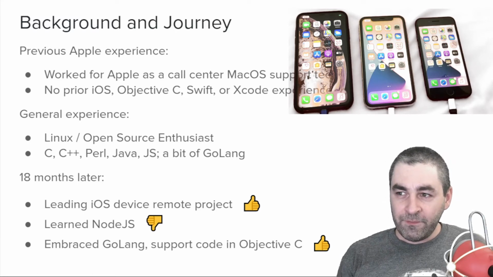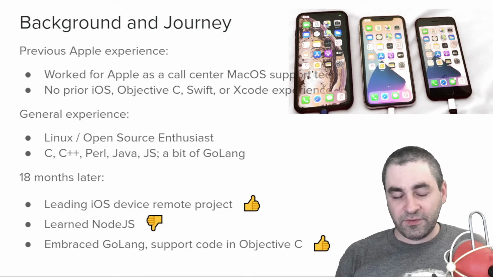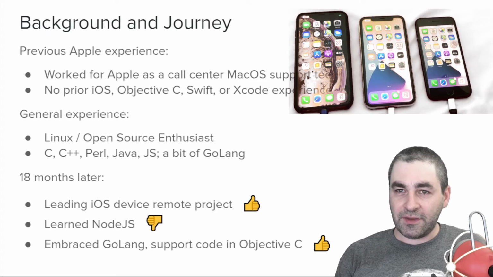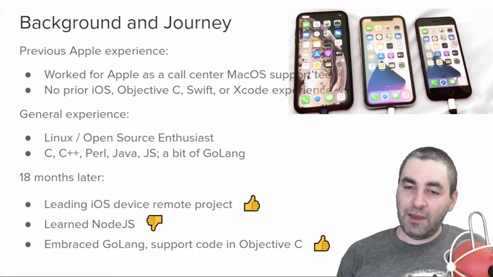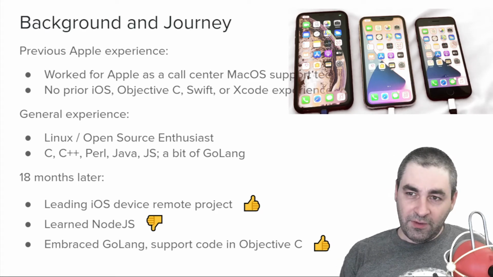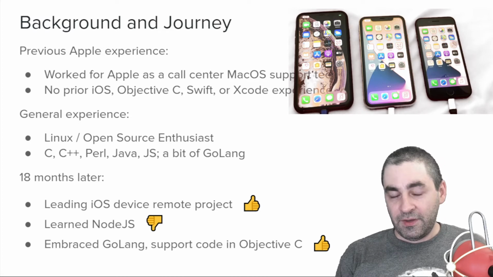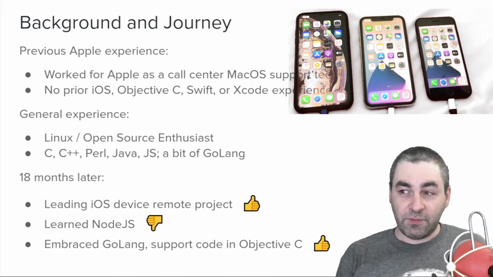And in the process, I had to learn some amount of Node.js as well, because OpenSTF is written in Node.js. Initially, the device farm was created as an extension to OpenSTF. At this point, it has been completely rewritten from the ground up and is using Golang and is not using STF whatsoever.